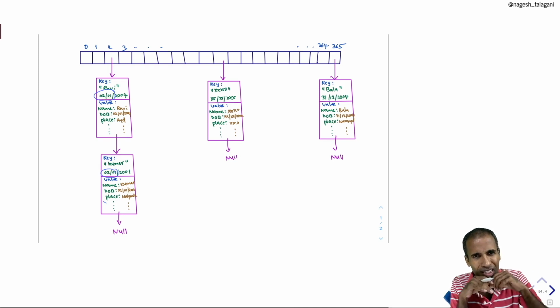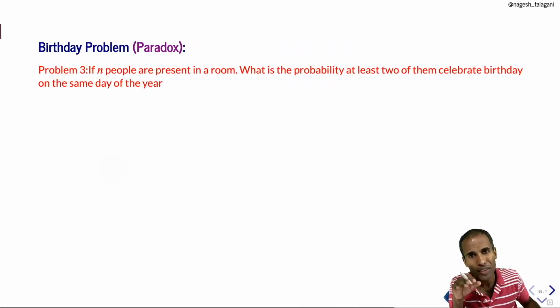Still you may think that chances are not much, because 365 versus 60, right? We are going to address this problem. The solution is going to be surprising. This question will be answered through a famous problem called the birthday problem, or birthday paradox.